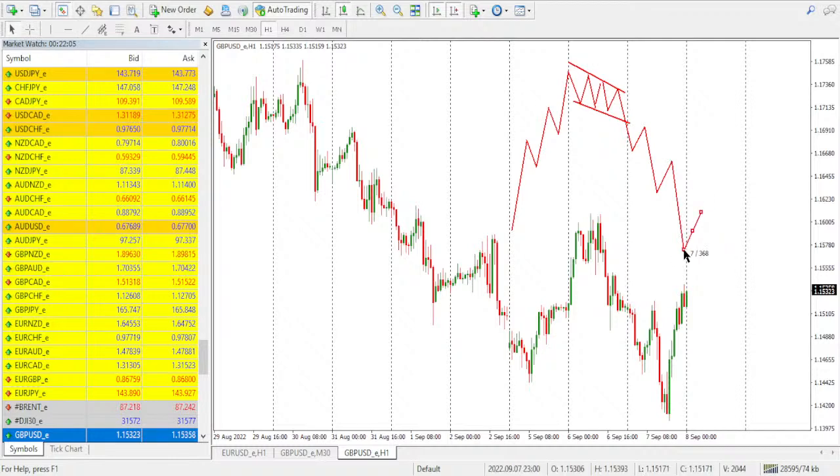So it goes up, down, then it continues down, maybe like this, then it begins to consolidate. So it goes up, then down, then up, then down, then up, then down, something like this.